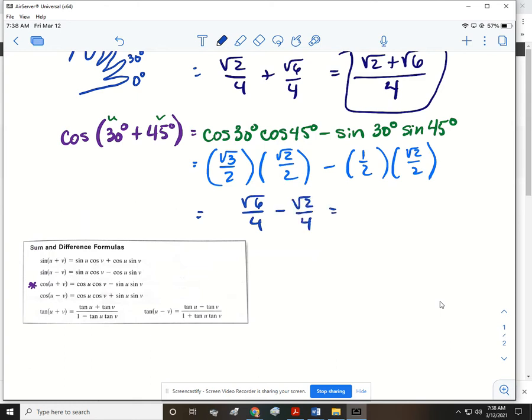So the exact value of the cosine of 75 degrees is this.